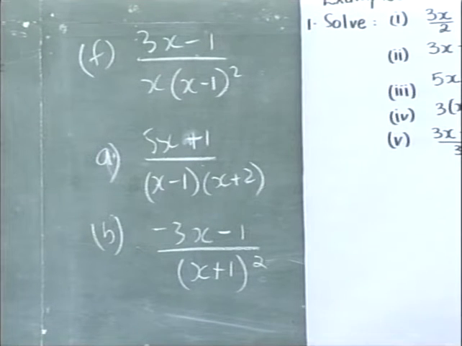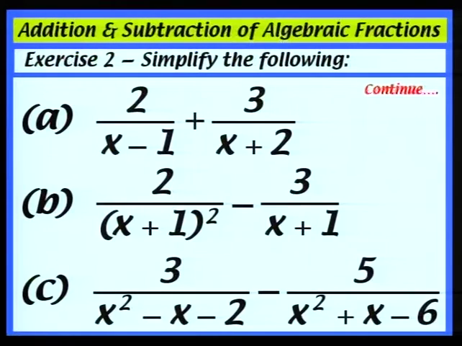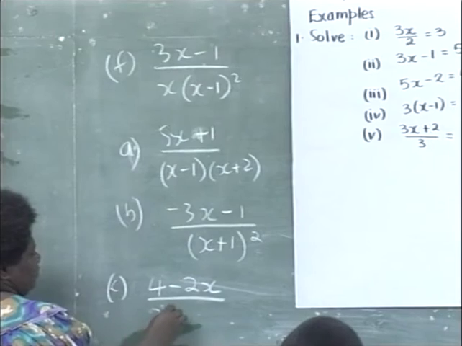Number 3, it's 3 over x squared minus x minus 2 minus 5 over x squared plus x minus 6. Chutali? 4 minus 2x over x minus 2 times x plus 1 times x plus 3.